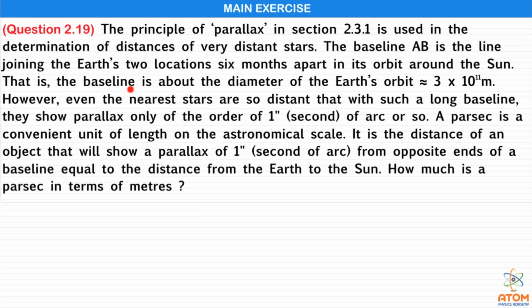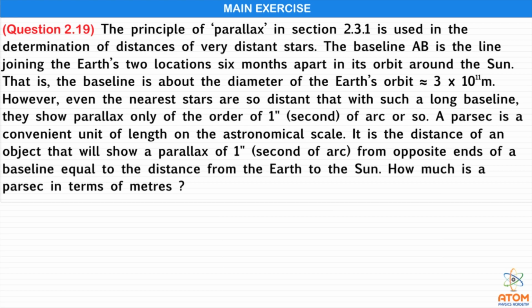That is, the baseline is about the diameter of Earth's orbit, and that is equal to nearly 3 into 10 raised to 11 meter. However, even the nearest stars are so distant that with such a long baseline, they show parallax only of the order of 1 second of arc or so.